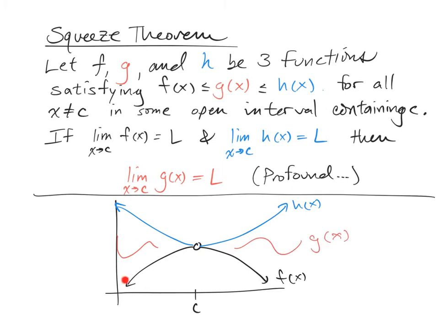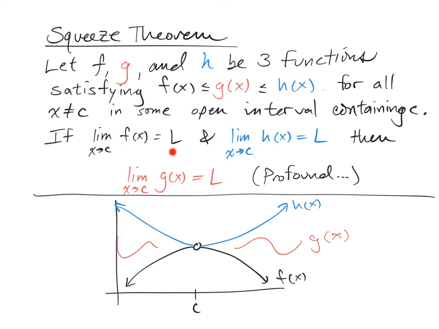So f of x is always underneath the g of x function, and g of x is always underneath the h of x function. So that's this first whole part of the statement up here. There are 3 functions so that this inequality is true. Check. So now let's see what happens.